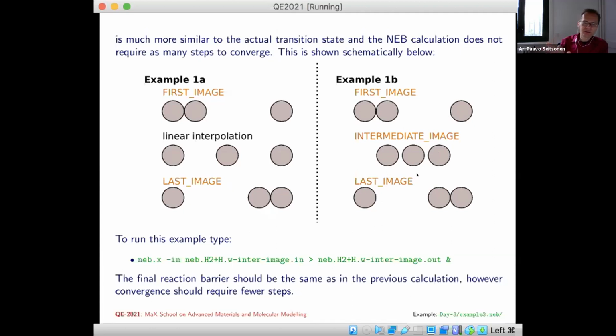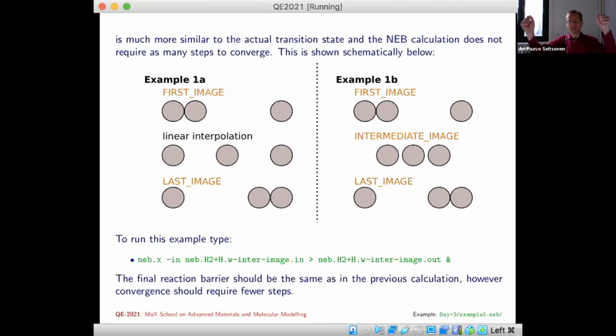And so you can insert this intermediate image, and then you give the computer code more information than just the linear interpolation. And sometimes the linear interpolation doesn't even work. You might have a reaction, for example, where an atom goes from one side to the other, but there's an atom in the middle, and you want to see the diffusion above it.